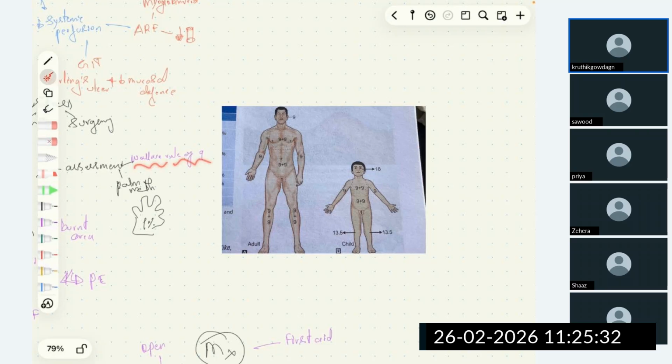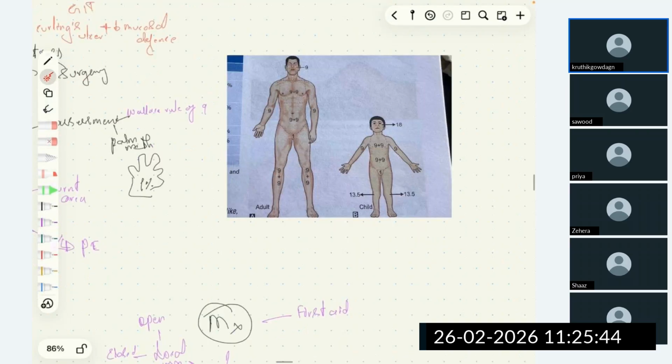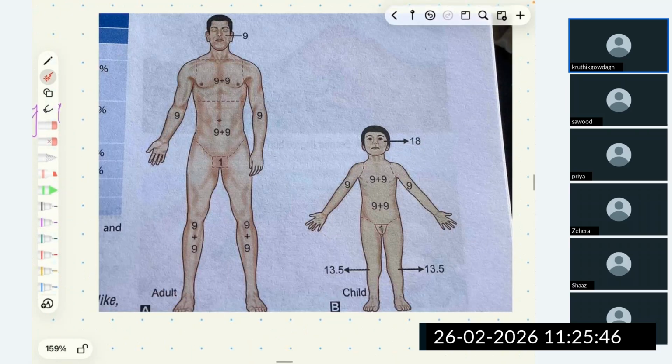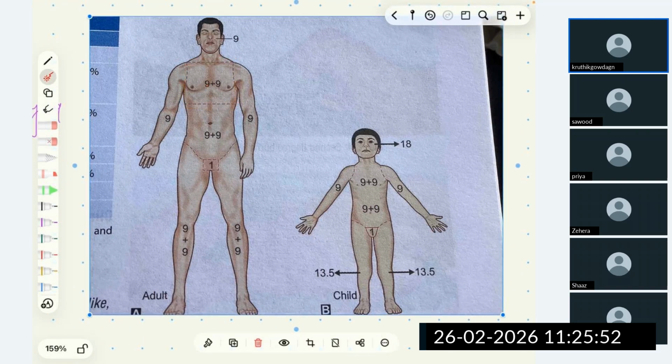It's asked as a 5 marks question also. Please pay attention. In adults it's different, in children it's different. In adults, head and neck is considered as 9%. Front of chest and upper abdomen is considered as 9%. The back is considered as 9%.